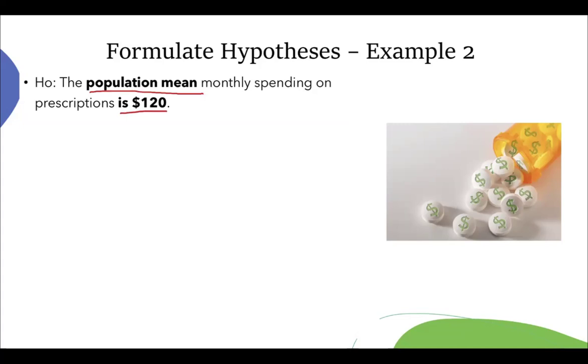I should actually add here, population mean monthly spent on prescriptions for patients in rural areas is 120. Mu equals 120 is our null hypothesis.